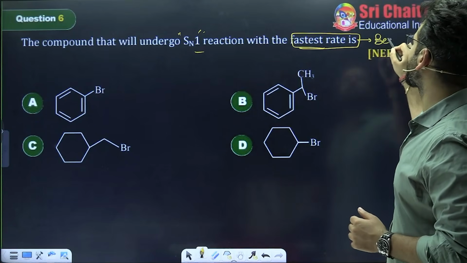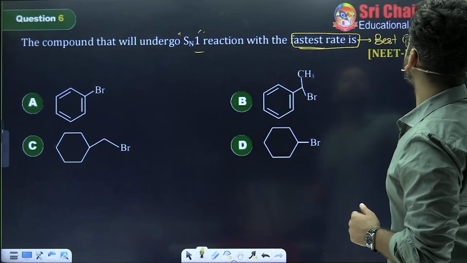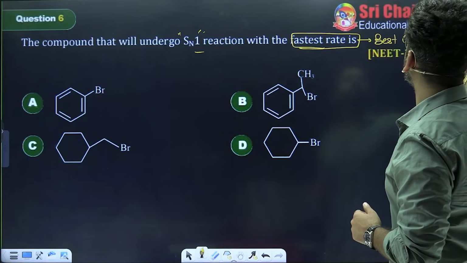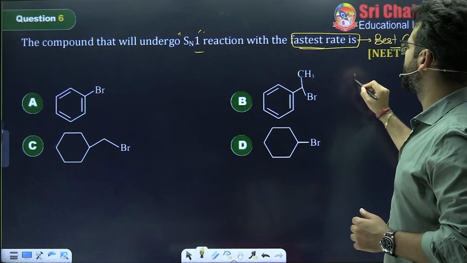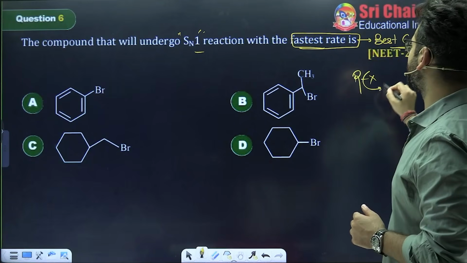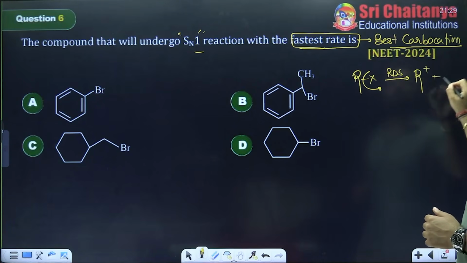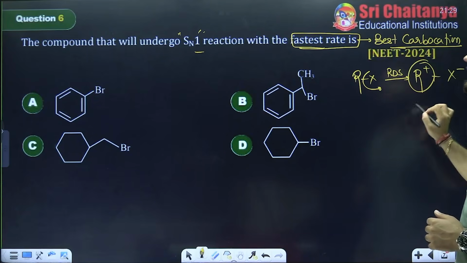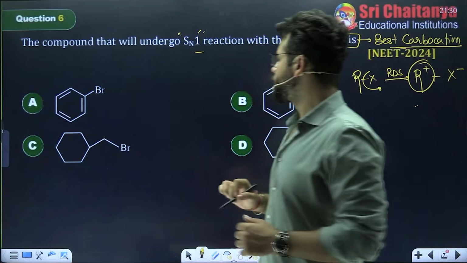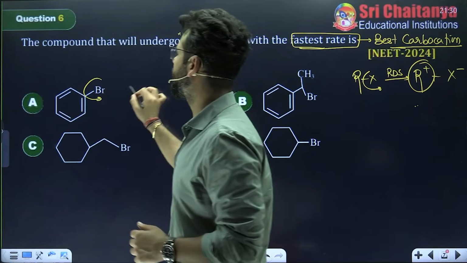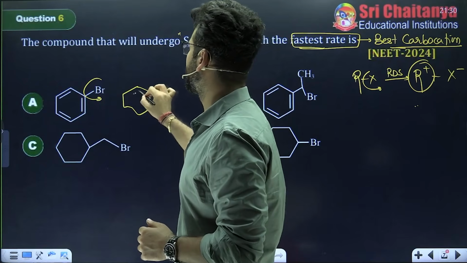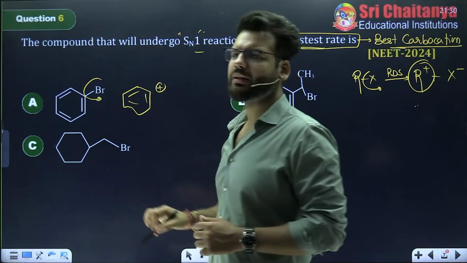In the rate determining step, X minus leaves, the carbocation gets formed and its stability decides everything.